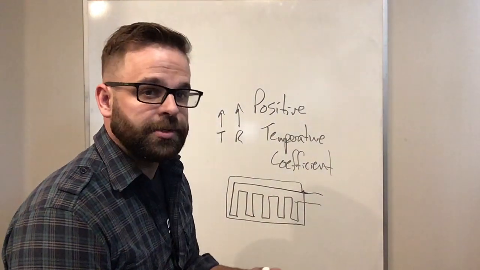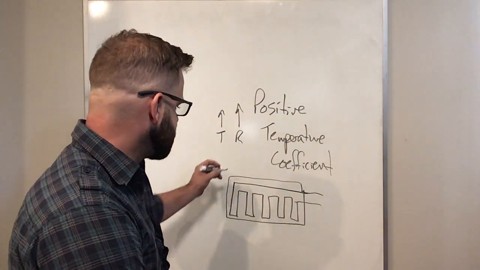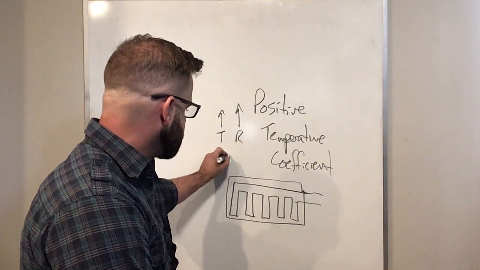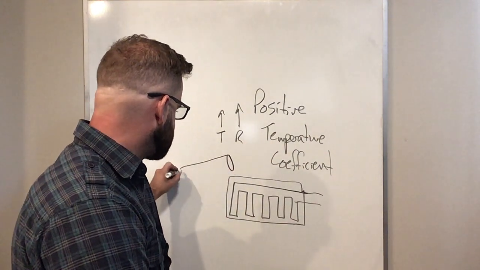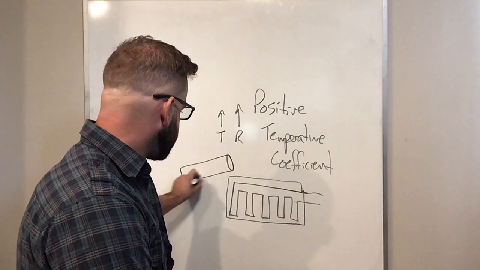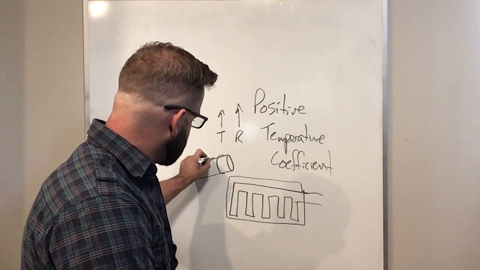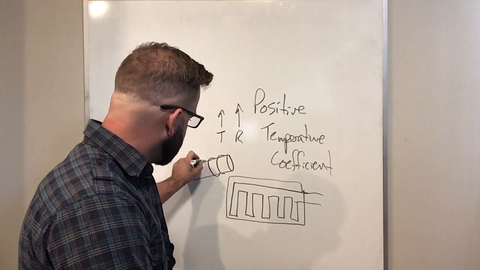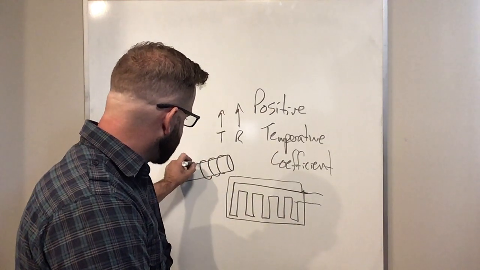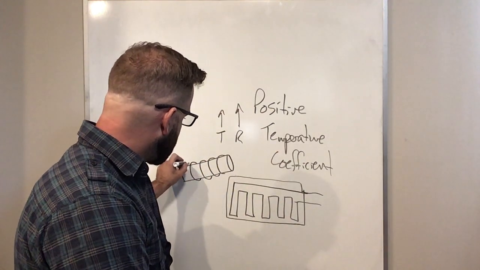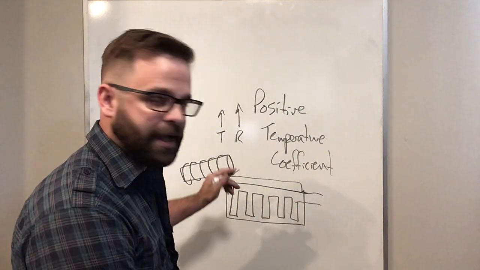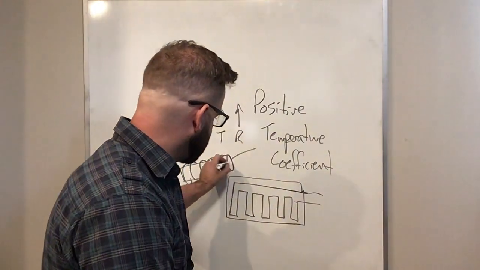And then the other thing that you sometimes will see is there ends up being a ceramic tube, and the platinum wire is wrapped around the ceramic core, and that is covered in glass.